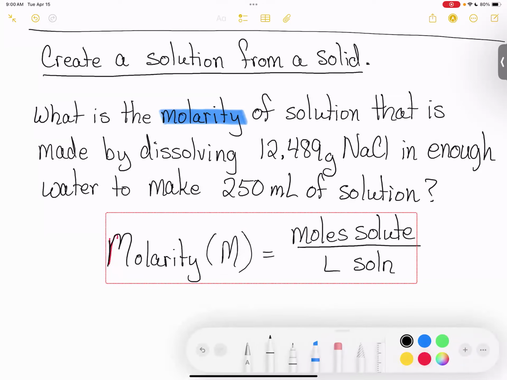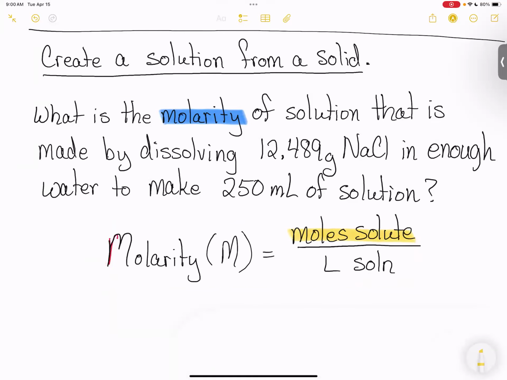Meaning, I need moles of solute. Well, how am I going to get to the moles of solute? What is the solute in this solution? The solute in this solution is this sodium chloride.